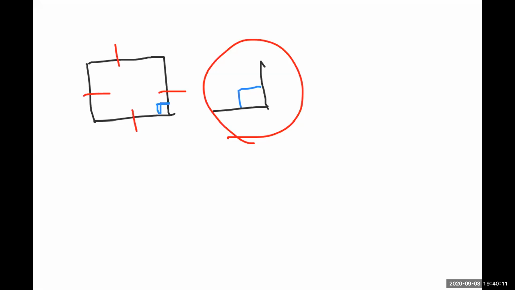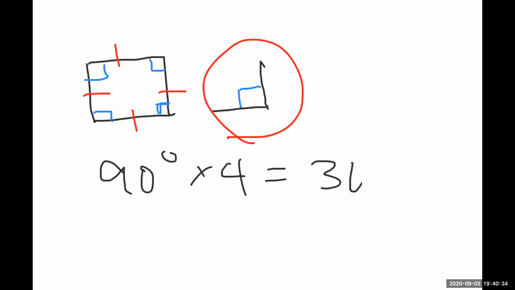So for this square, we actually have 4 of these things. You don't usually see them, they're invisible, but that's what that means. So we have 90 degrees times 4 corners, which equals 360 degrees.